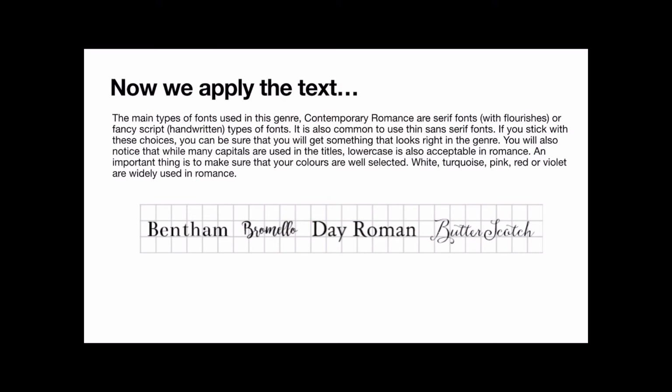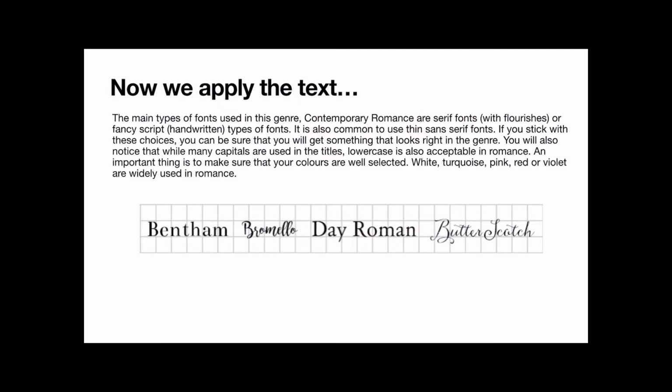Now we apply the text, and the main types of fonts used in this genre, contemporary romance, are serif fonts with flourishes, and you can see a selection of examples I've got there. The most used colours are white, turquoise, pink, red or violet, mostly used in romance. And you can work your way around that, but what we're talking about here is gold.